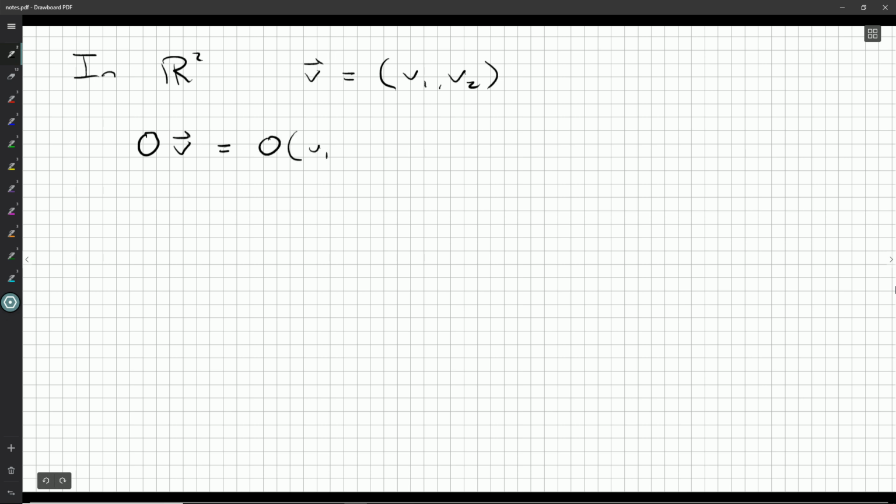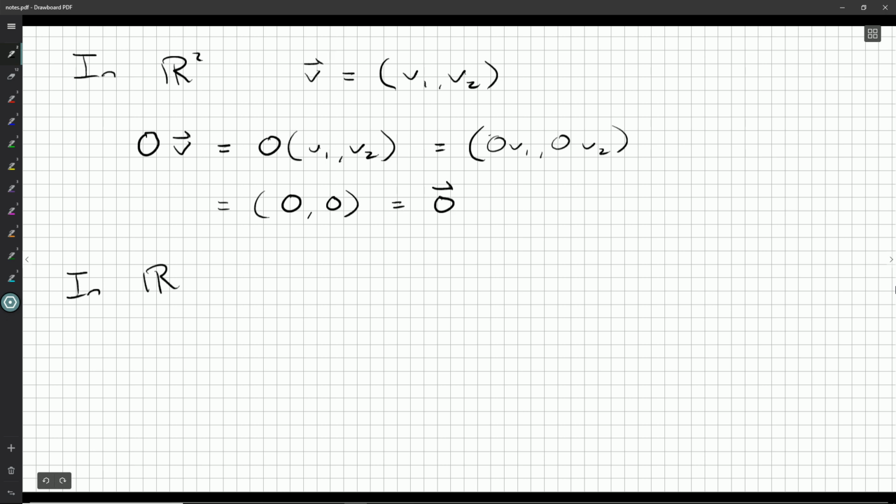Well, when you scalar multiply, in this case by 0, each of the components gets multiplied by 0. But of course 0 times v1 doesn't matter what v1 is, it'll still be 0. So we get two components, both of them being 0, and that of course is the 0 vector by definition.